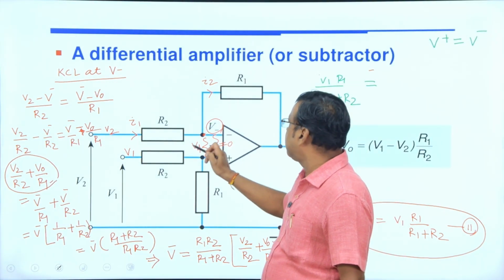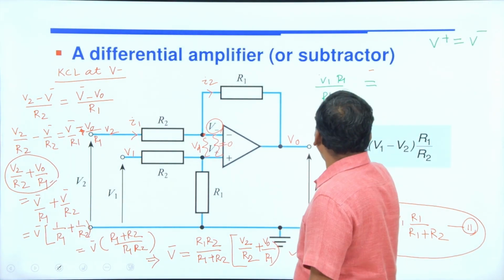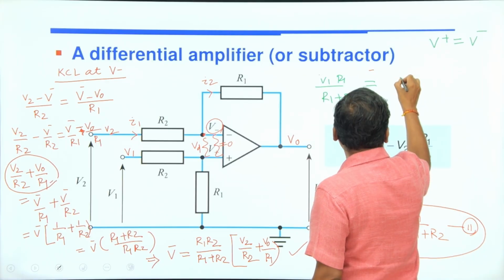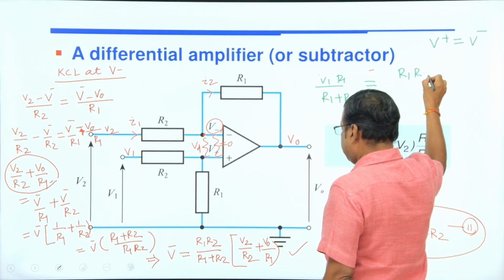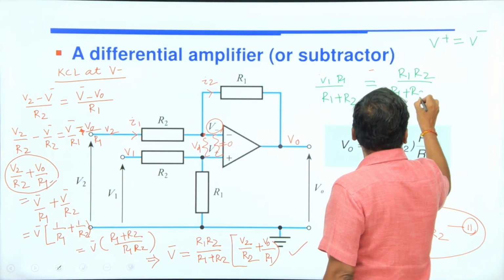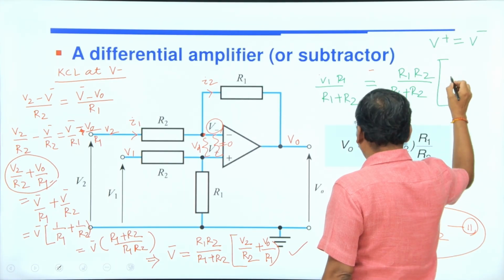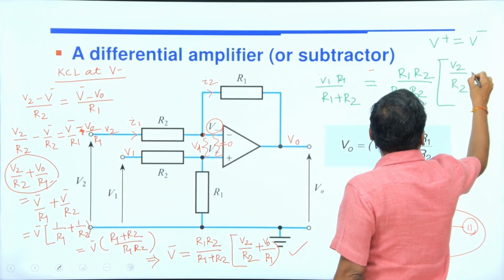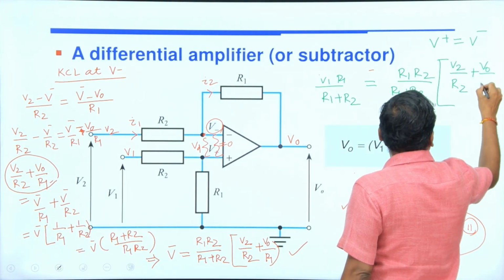From this expression I can find V minus: it is R1 R2 by R1 plus R2, whole into V2 by R2 plus V0 by R1.